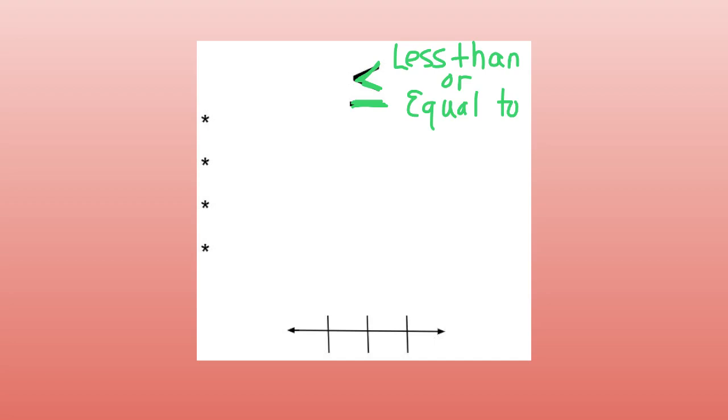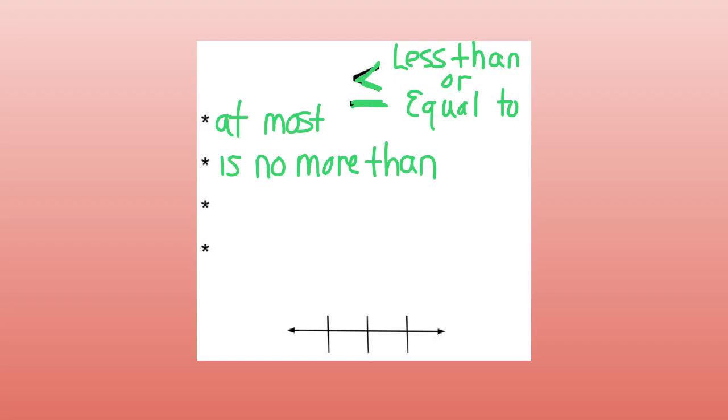But you might see some other words for this. You might see at most. That means you have less than or equal to as your symbol. You might see is no more than.